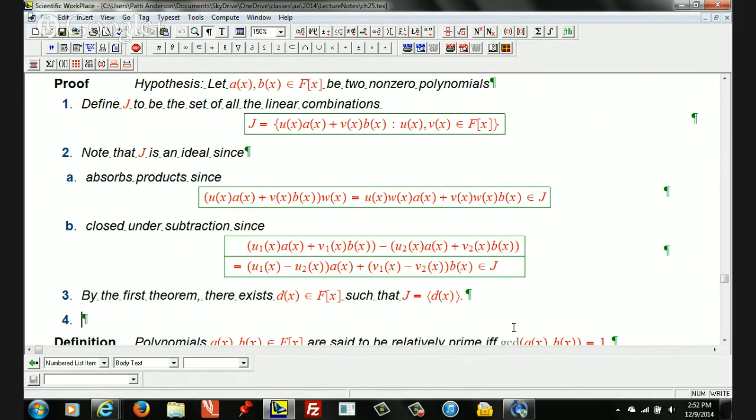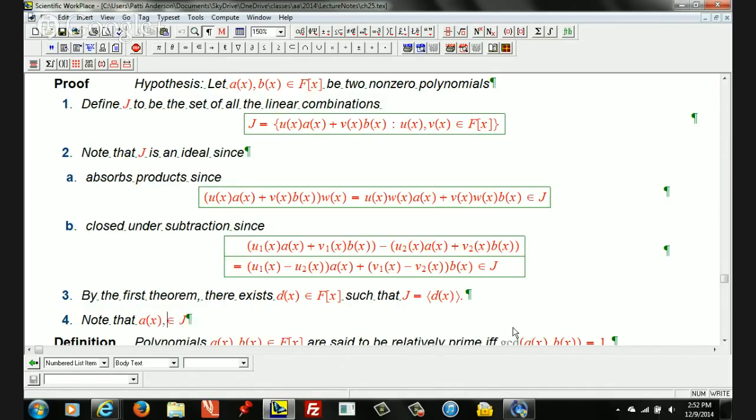So you know that everything in J is a multiple of d. What do you know about a and b? They have to be in J. Why?